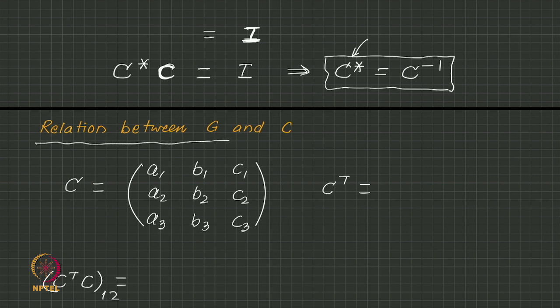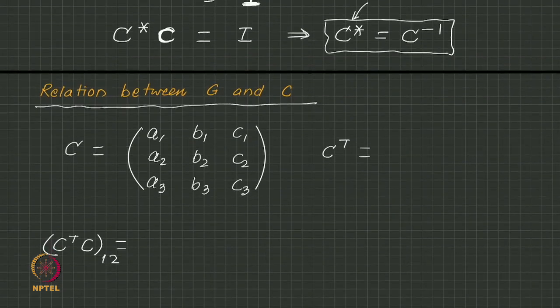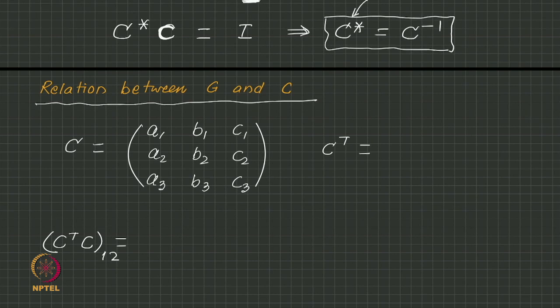So, let us look at that. Let us find out what is C transpose C. We just saw that C has columns of A, B and C expressed in Cartesian coordinate system.